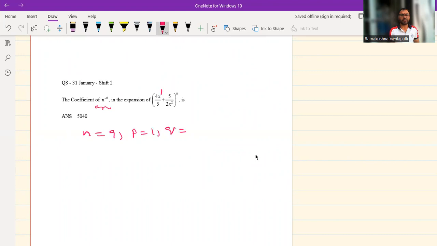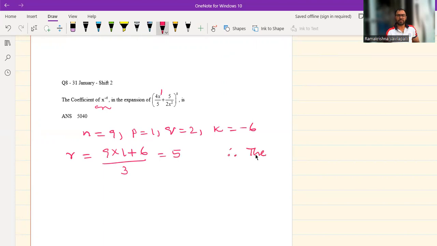Q equal to x square, right? K equal to minus 6. So R equal to (np minus k) by (p plus q), 9 into 1 plus 6 by p plus q. P plus q is 3. So R value is 5. That's it, over.